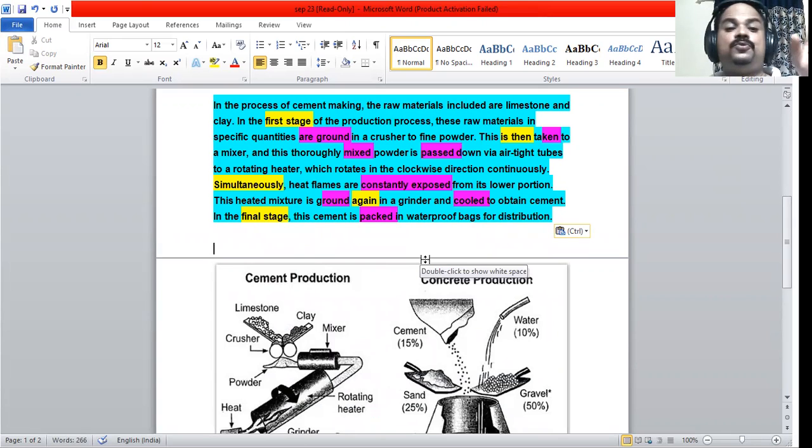Now, the words which you see in yellow are sequential words, and the words which you see in pink are V3 forms, that is passive voice, verbs in the 3rd form. So main verbs in the 3rd form are ground, mixed, passed, taken, exposed, packed, cooled, all these things.